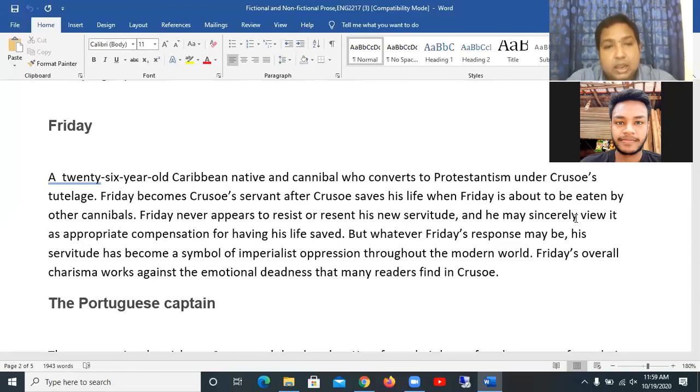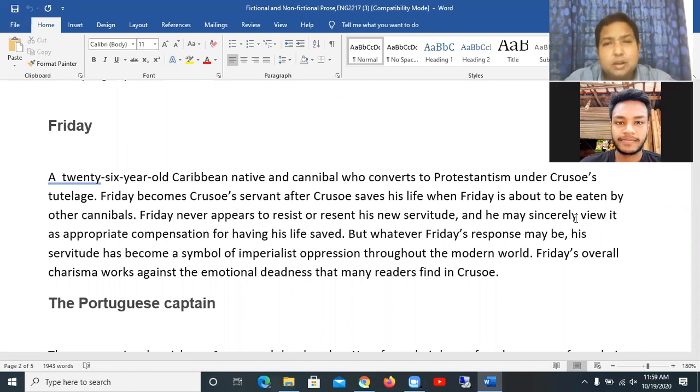Friday's overall charisma works against the emotional deadness that many readers find in Crusoe. Crusoe, being an English person, a British person, is not that emotional. They are very much practical.